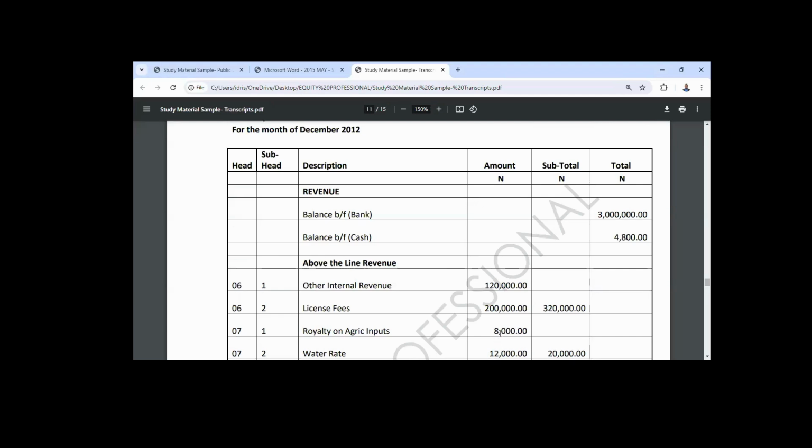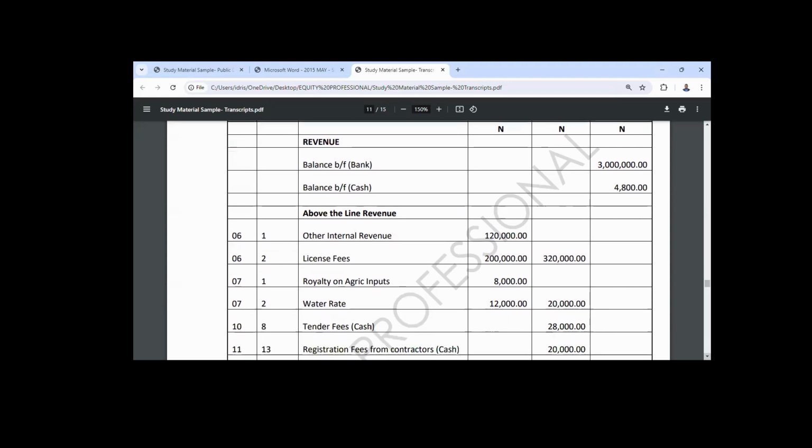Royalty 8,000, water rate 12,000. Since we don't have any head that has a 07 again, we will add two of them together. 8,000 plus 12,000, we will get 20,000. We will put them in the subtotal. 20,000 will be in subtotal.